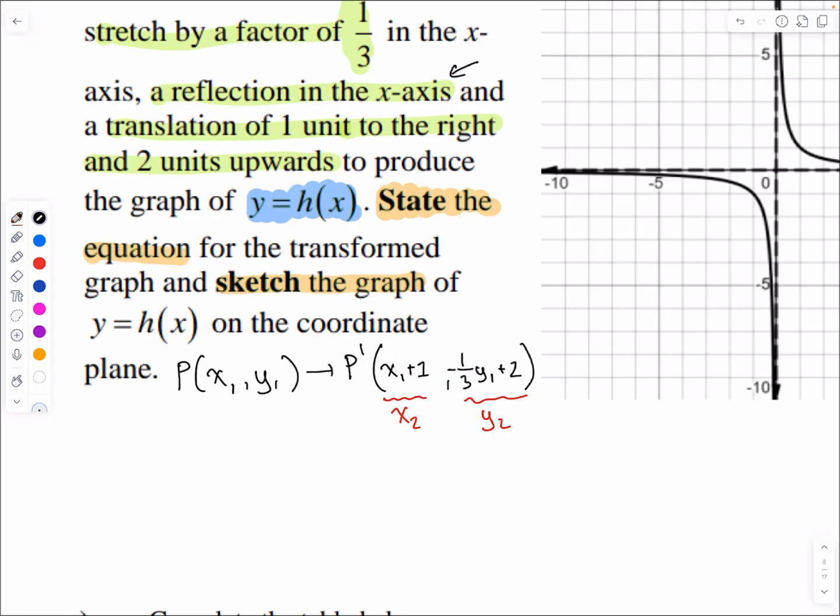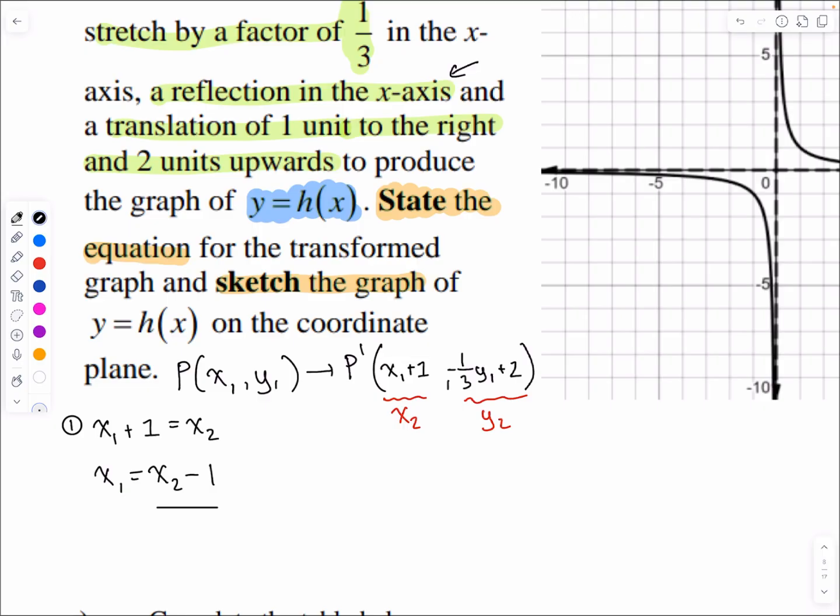So to start, let's look at the x parameters. What I said was x1 for our original points plus 1 is going to yield our x2 values. Now let's get this in terms of x1. I'm going to subtract 1 to the other side here. Why this is important is that now I have an expression that involves x2.